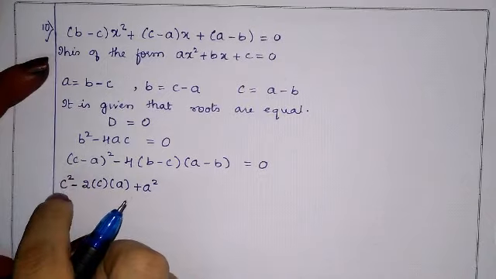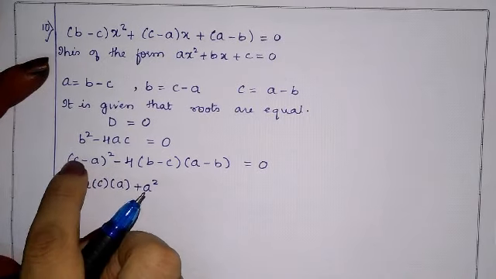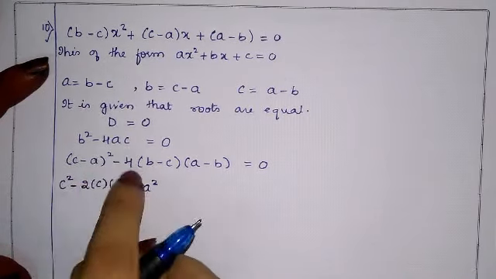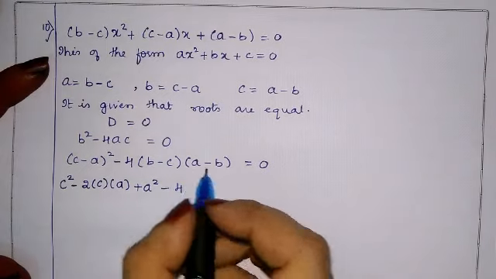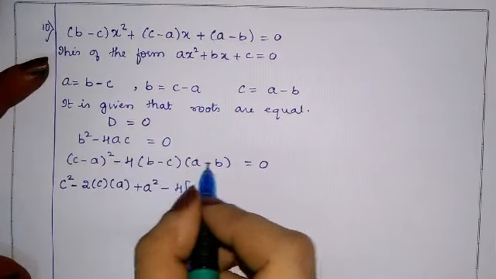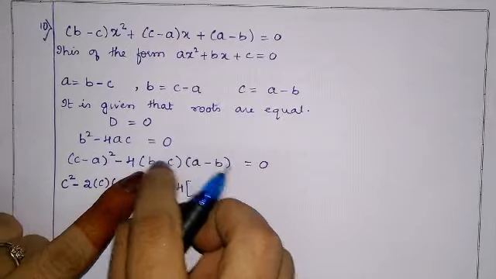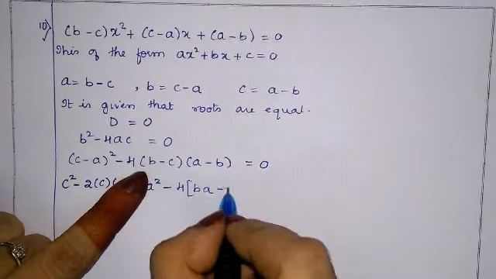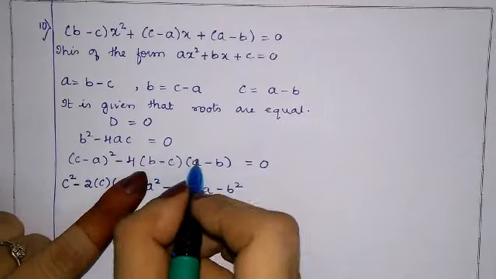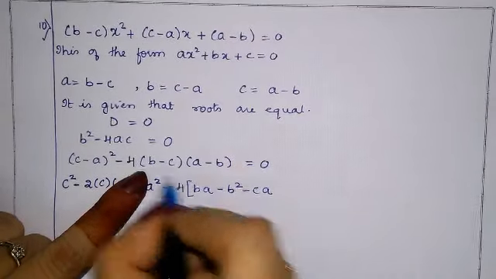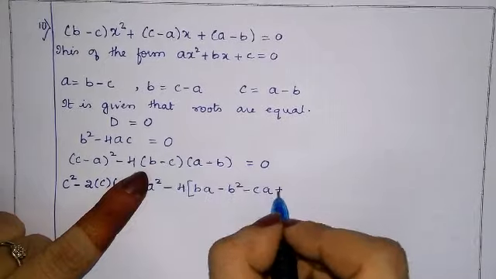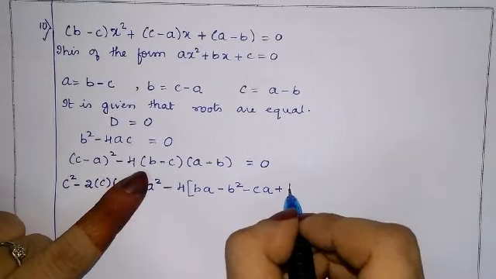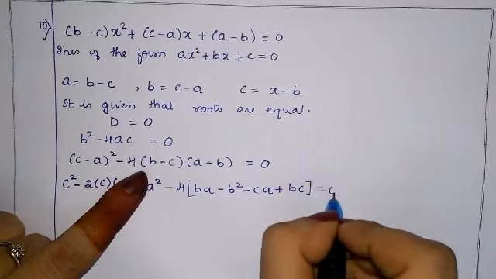That means (c minus a) whole square is c square minus 2ca plus a square, minus 4 into this side. Let us see now what we have to do. 4 into the two brackets we will multiply: b into a, b into b minus b square, c into a minus ca, minus minus plus c into b, bc, equal to 0.